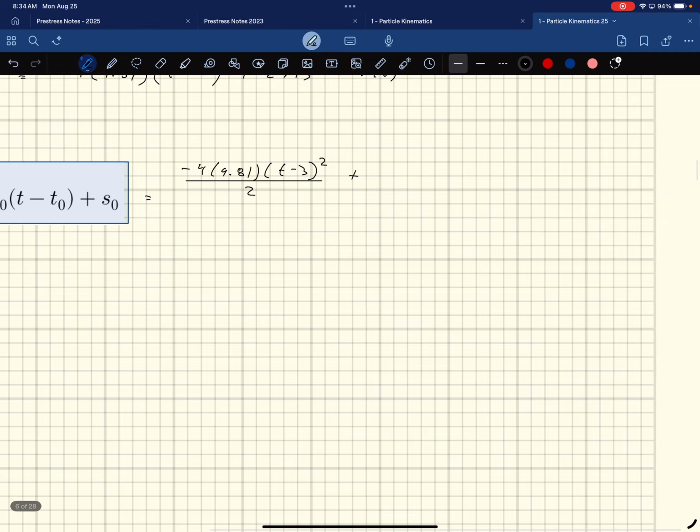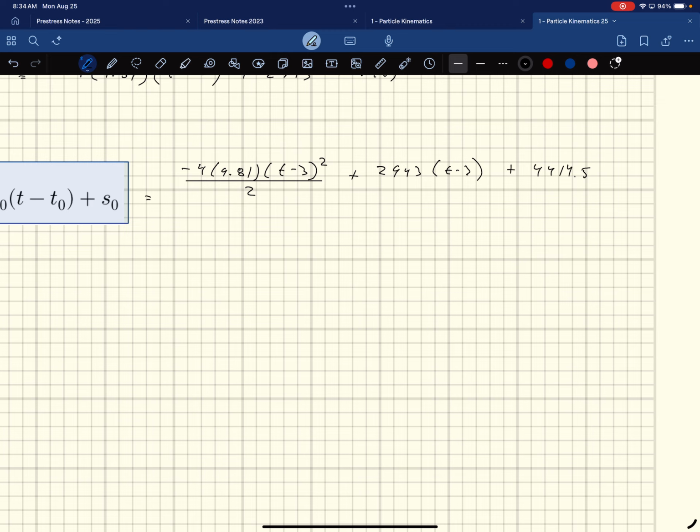I need to know what my V naught is from the previous problem there. 2943. Because again, now it has an initial velocity. T minus 3. And then plus my S naught from the previous part of the problem, which is 4414.5. Right? There's my position as a function of time.